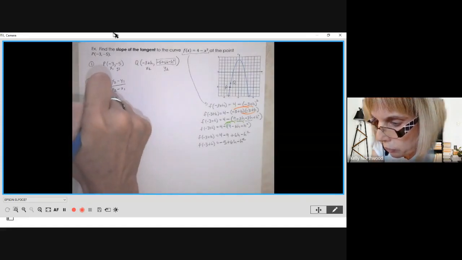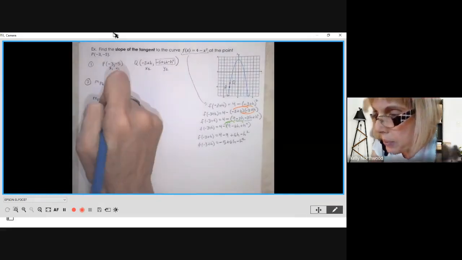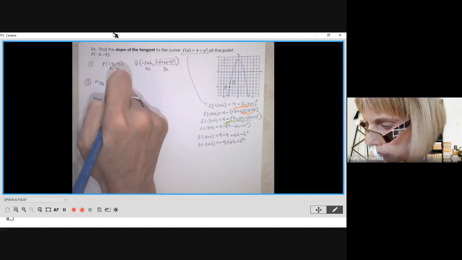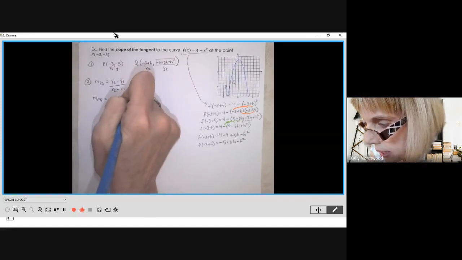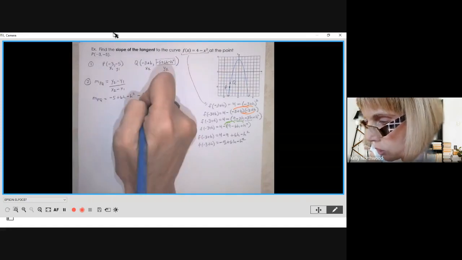And then we'll go through and find the slope of the secant, simplified as much as we can. So y2 is -5 plus 6h minus h squared, minus y1, which is -5.